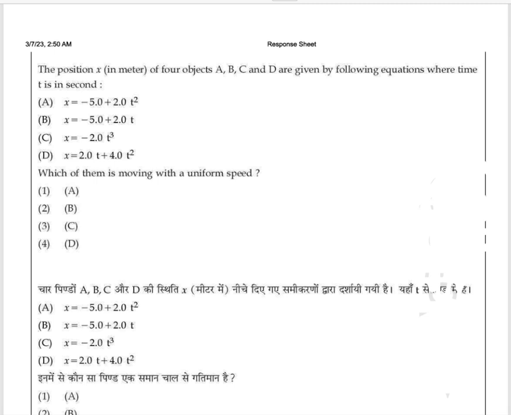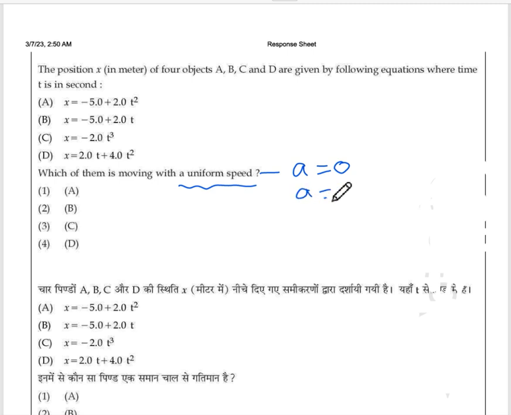The next question says that the position x in meters of four objects A, B, C, D is given by the following equations, where time t is in seconds. We have to find which has uniform speed. Uniform speed means that if an object is moving with uniform speed, its acceleration will become zero.